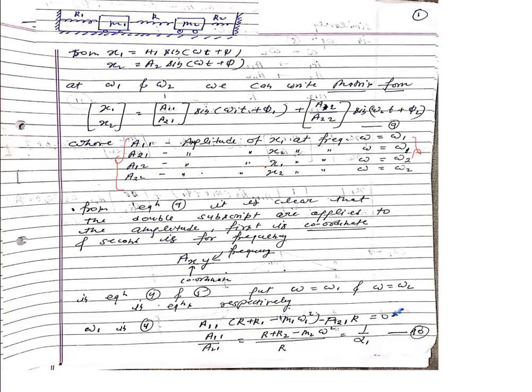So how can it be denoted? From equation number 9, it is clear that the double subscript is applied to the amplitude, in which the first is the coordinate and the second is the frequency. If we write this in the form Axy, x denotes the coordinate, meaning x1 or x2.